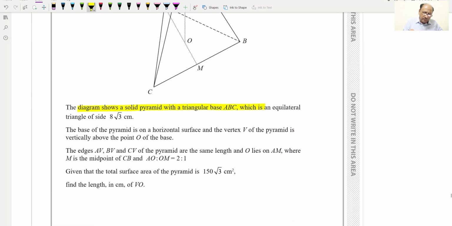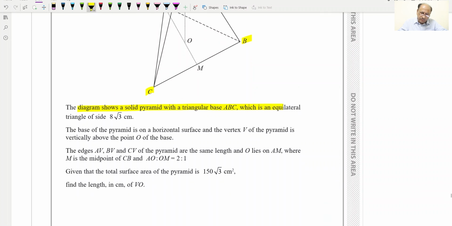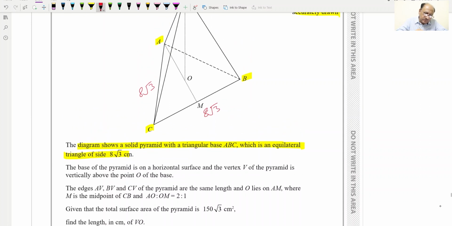The diagram shows a solid pyramid with a triangular base ABC. The triangle is an equilateral triangle of side 8 root 3. So this side is 8 root 3, this side is 8 root 3, and the other side is also 8 root 3.